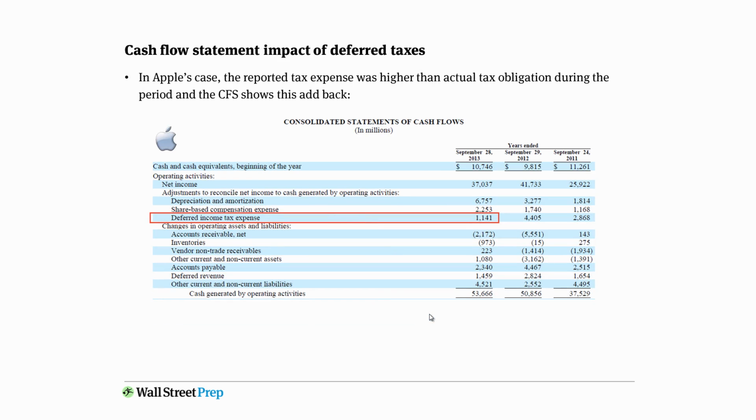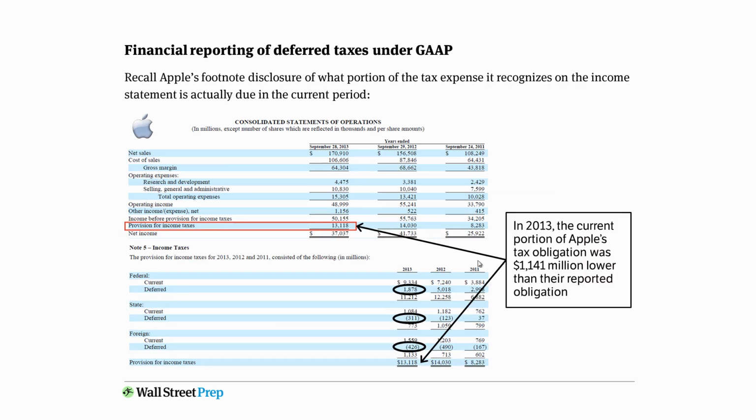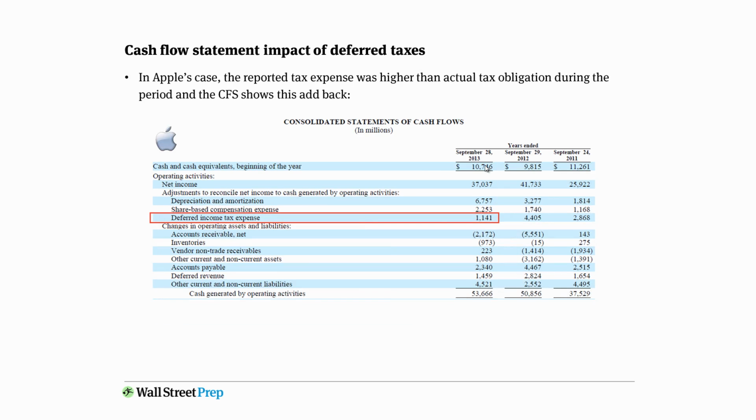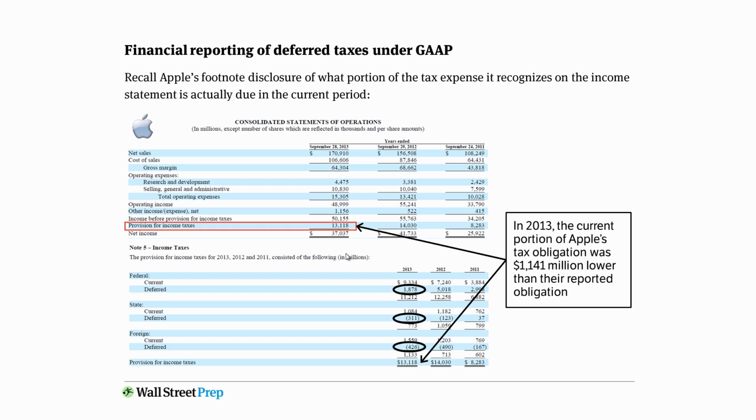Now, on the cash flow statement for Apple, that $1.141 billion, the summation of all three of these line items, is added back under the cash from operations section. And that has to do with the logic that we just talked about. You are presenting a tax obligation of $13 billion, but you only paid $12 billion or so.